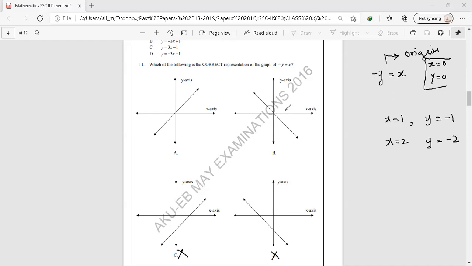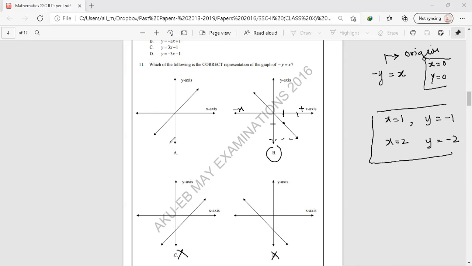In option B, for these positive values of x, we have negative values of y, and for negative values of x, we have positive values of y. So this equation is correctly represented by the graph drawn in option B.